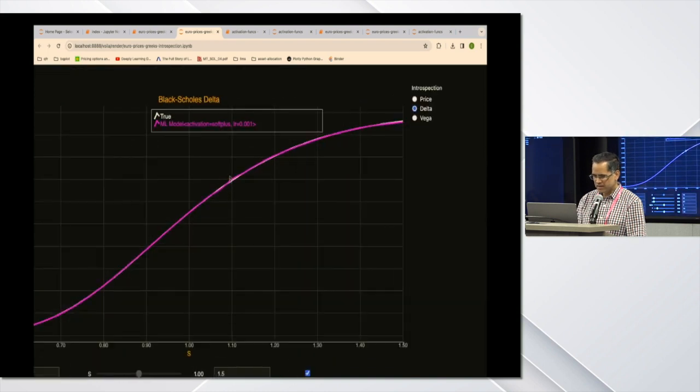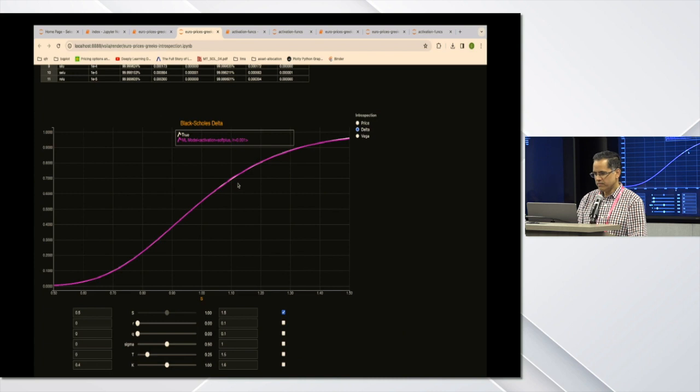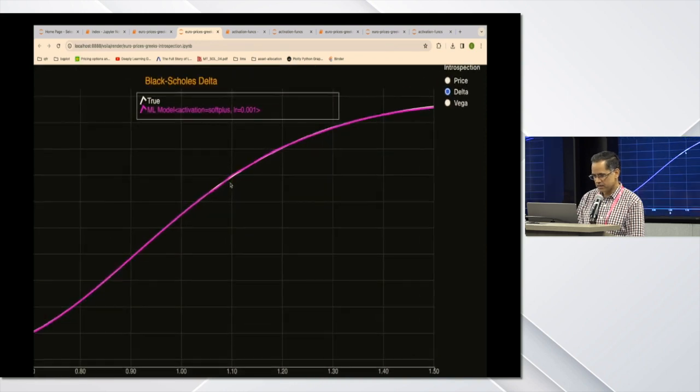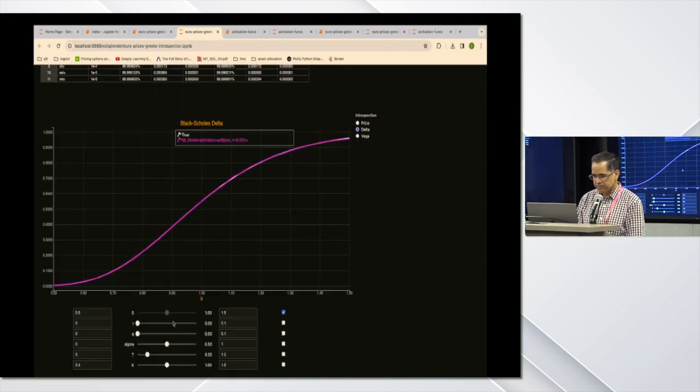You can see some differences in the Greeks, because we didn't explicitly use the Greeks in the training process. The Greeks were a side effect of the learning process. We only gave the prices as the training samples. The machine knows nothing about partial derivatives or anything. But it's amazing that it learned these prices and the Greeks really well.